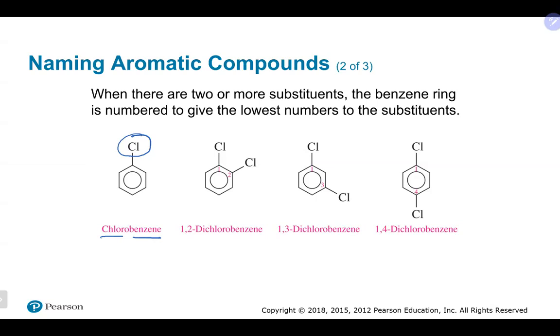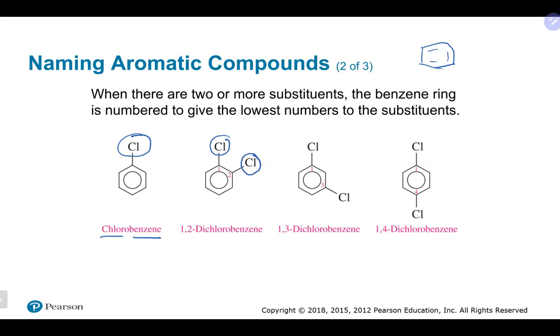When we start to get multiple groups attached, we do need to give some numbering. So this would be 1,2-dichlorobenzene. The nice thing about a benzene ring is that because it has the 3 double bonds, you could go left or right in terms of the numbering. You'll always go through the double bond, so it doesn't really matter.